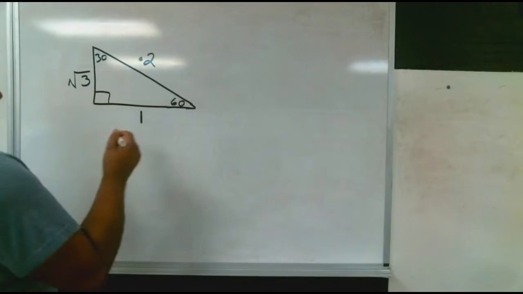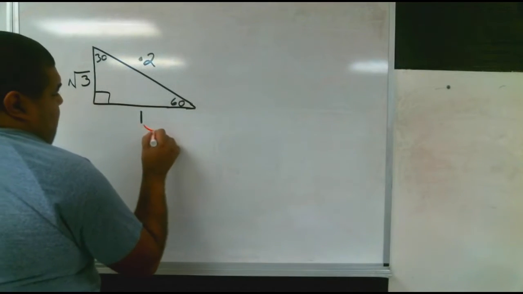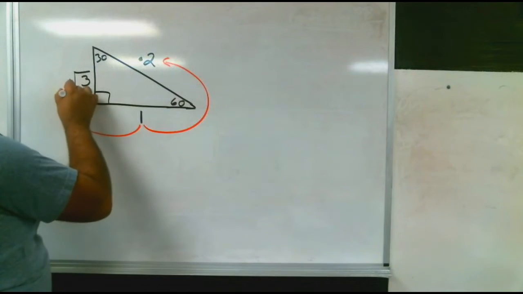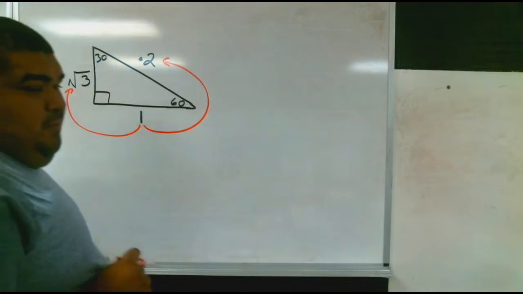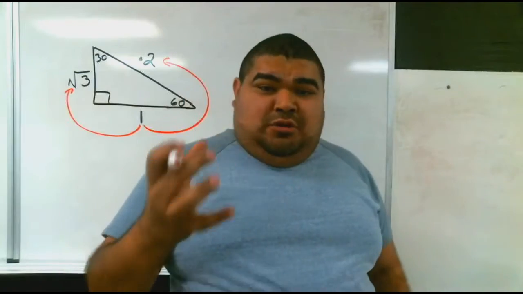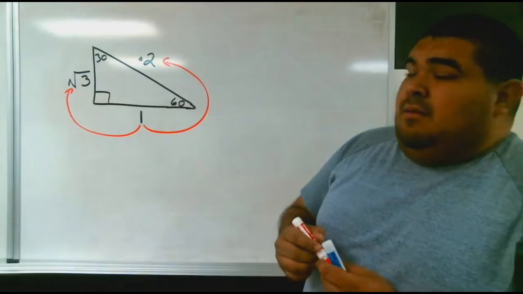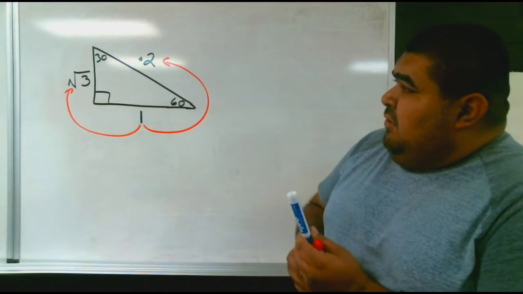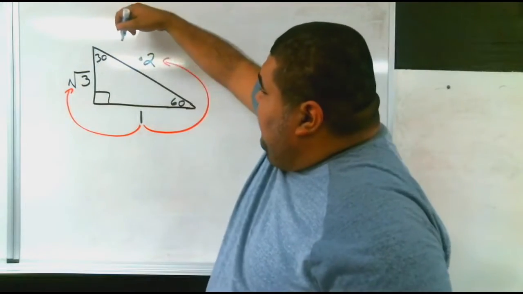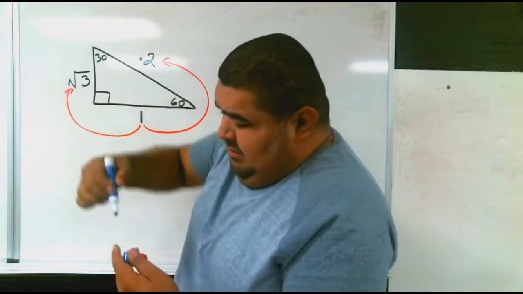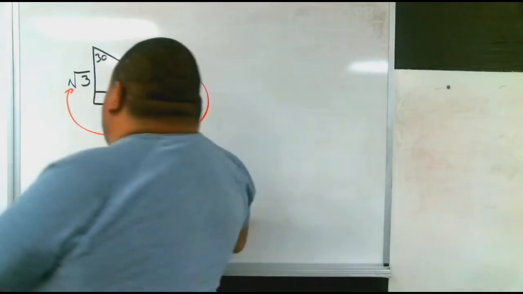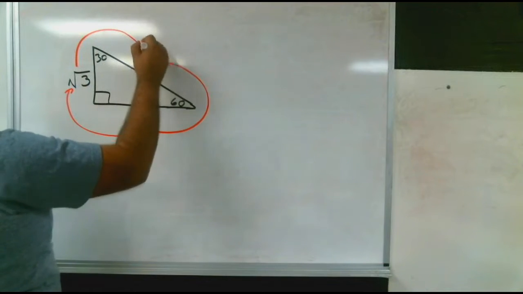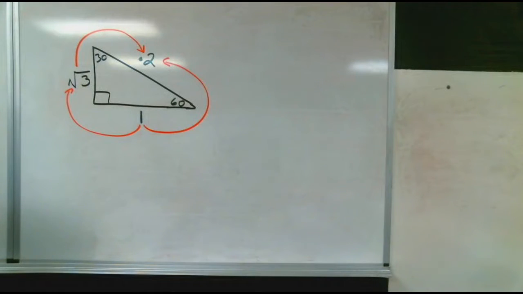Whenever you go from 1 to 2, or from 1 to radical of 3, you multiply. The same goes from radical of 3 to 2.